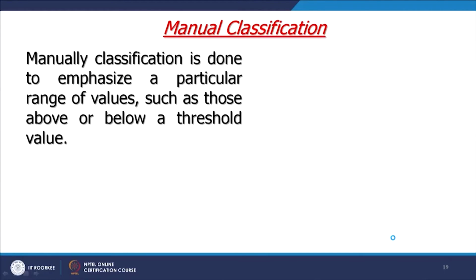So, now there is another method which is the 7th one, and which is of course implemented in all GIS software, which is custom design classification or manual classification. And manual classification is done to emphasize a particular range of values, such as above or below a threshold value. It is something like density slicing as per user requirements. I want to mask everything except an area which is having elevation, say, at a particular height.